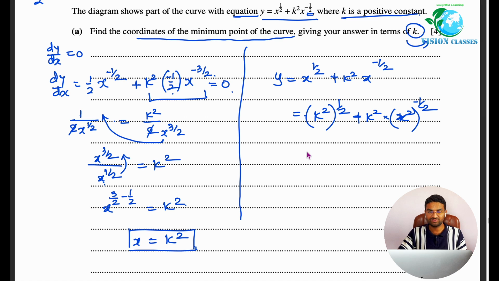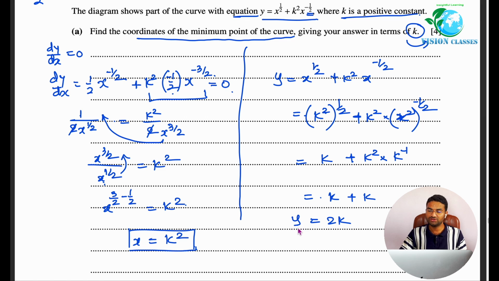If you simplify this, (k^2)^(1/2) is just k, plus k^2 times k^(-1), and 2 minus 1 is just 1, so you get y = k + k, which is 2k basically.